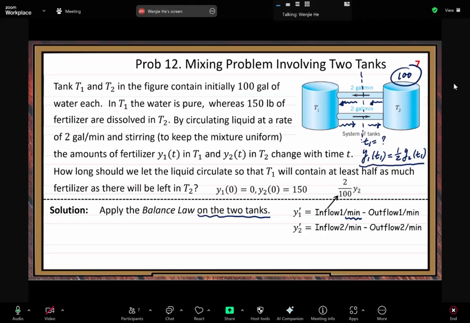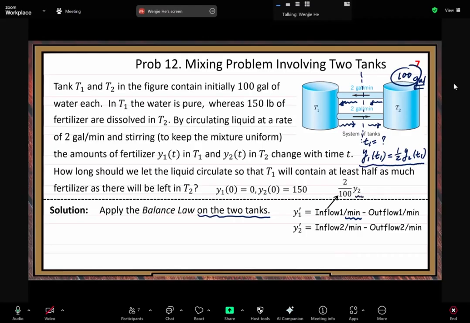So from the total 100 gallons in T2, 2 gallons of it flows into T1. So that's the rate: 2 out of 100 of Y2.